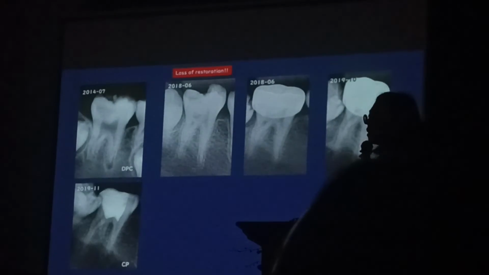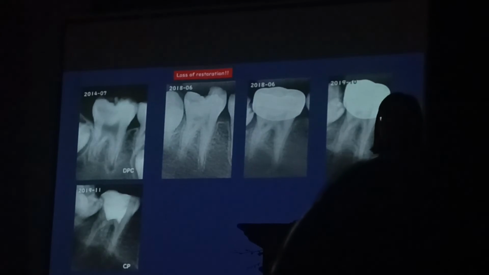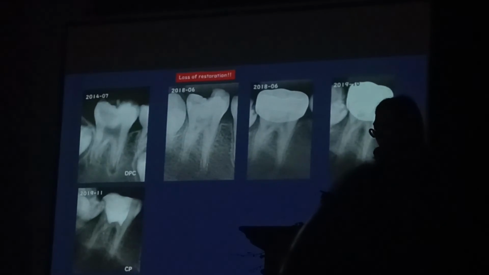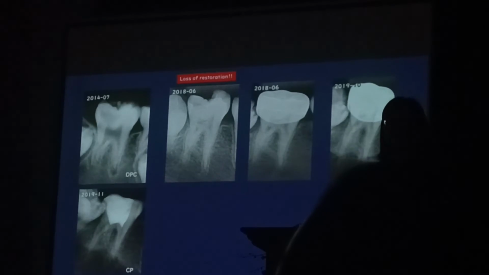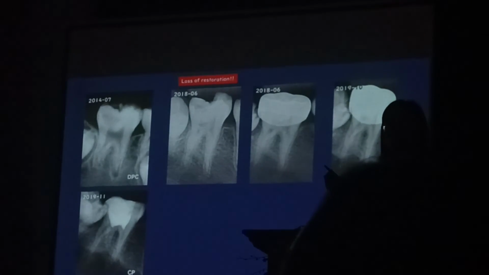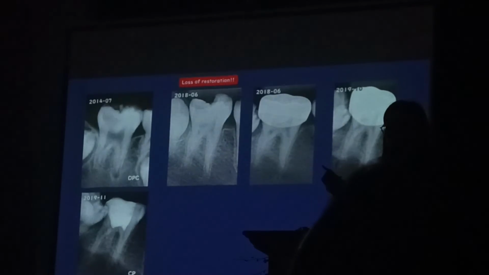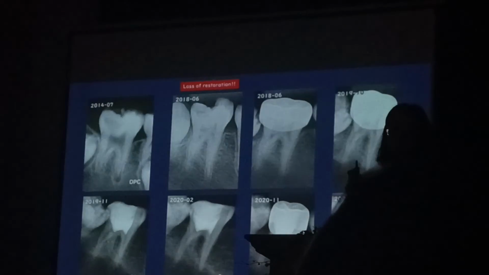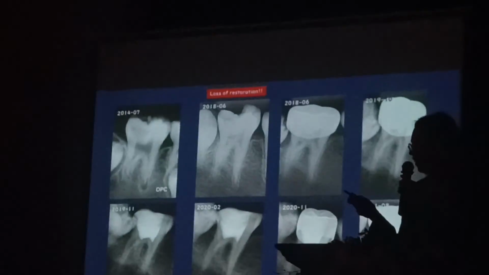So we decided to still do vital pulp therapy, but with a coronal pulpotomy this time. Okay, can you guess? Will it go better or worse? And of course, it's going to go better. Otherwise, I'm not going to show it here, right?